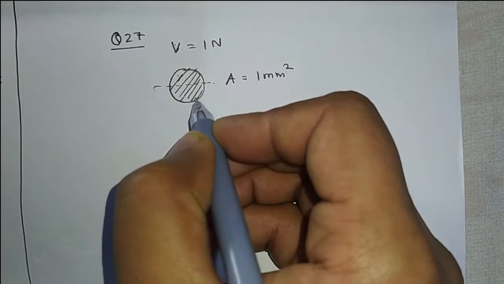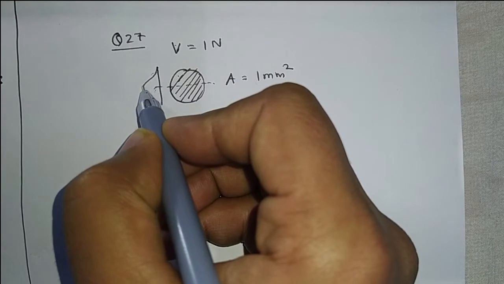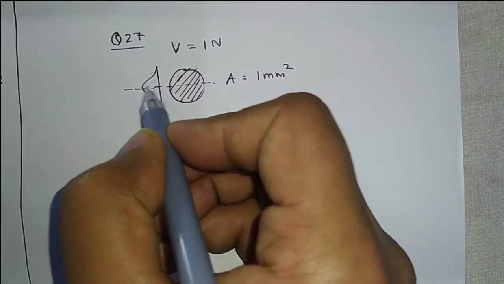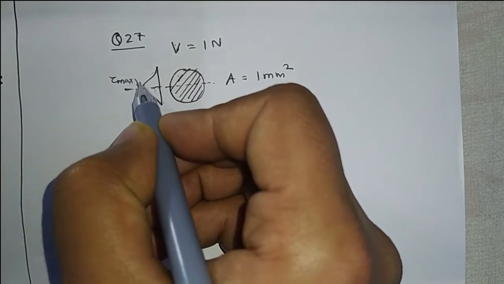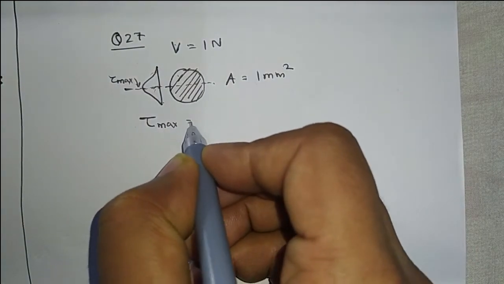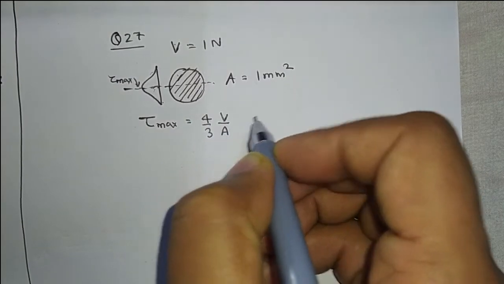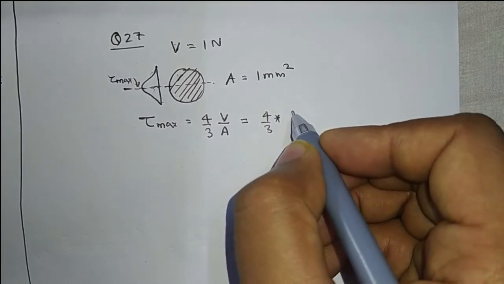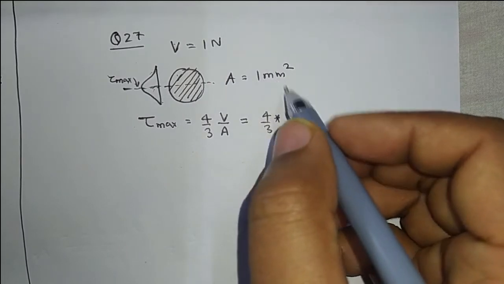For a solid circular cross section, we know that the distribution of the shear stress is parabolic and maximum at the center, and the value of the maximum shear stress is nothing but 4 by 3 V by A. 4 by 3, shear force is given as 1 Newton and area is also 1 millimeter square.